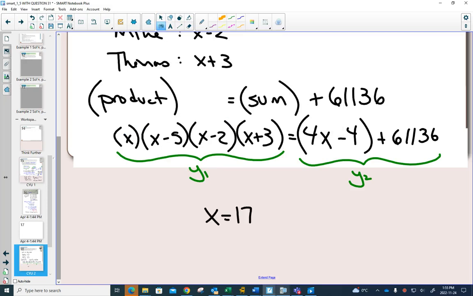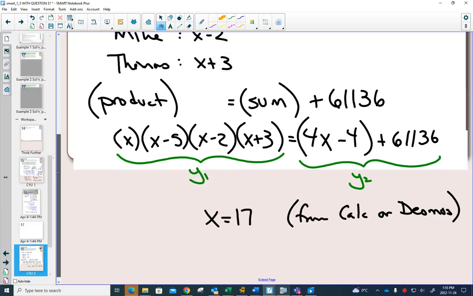And this is all work you'd have to show on a test. You plug one into one equation, and you got the answer from Desmos, or you got the answer from your calculator. That's all the work you would need to show.